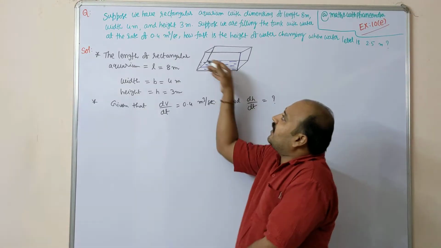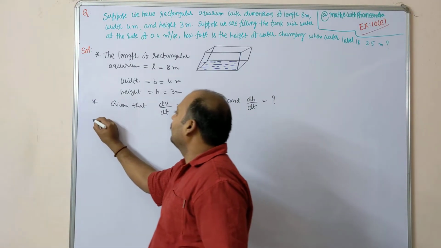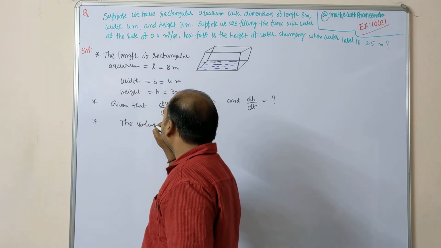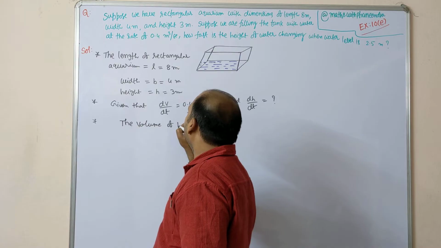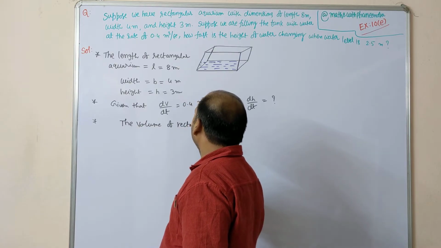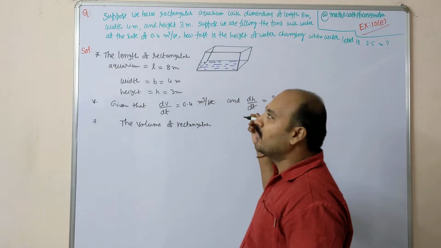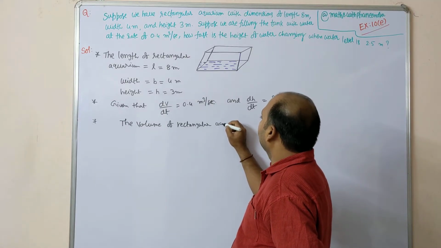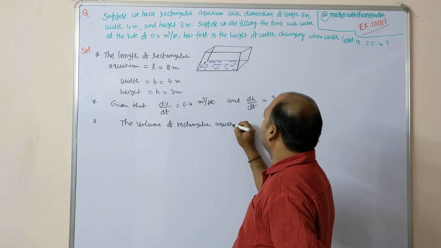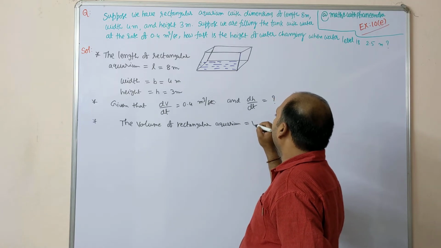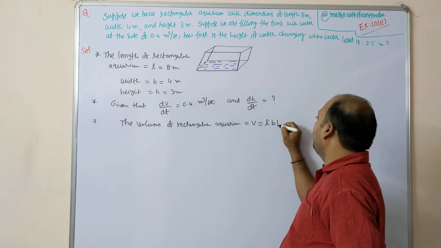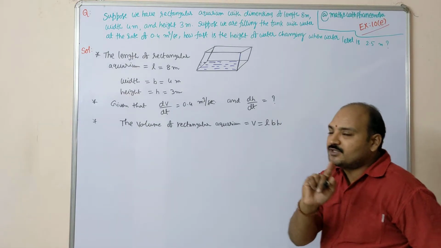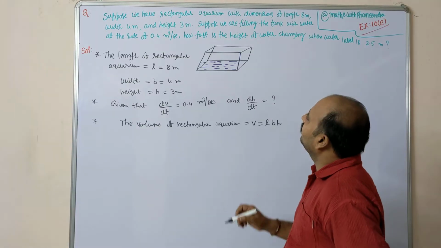The volume of the rectangular open box, like the rectangular aquarium, we have the formula V is equal to LBH. So how to proceed? Observe, students, in this question some logic is there.